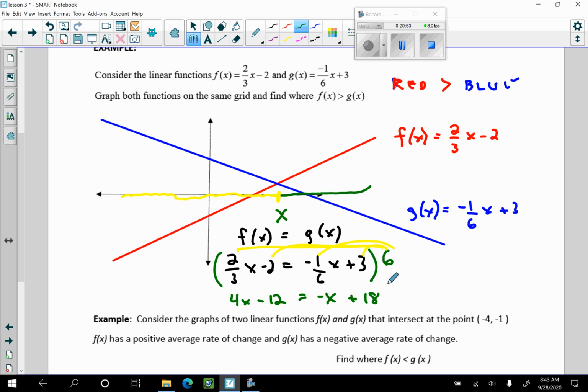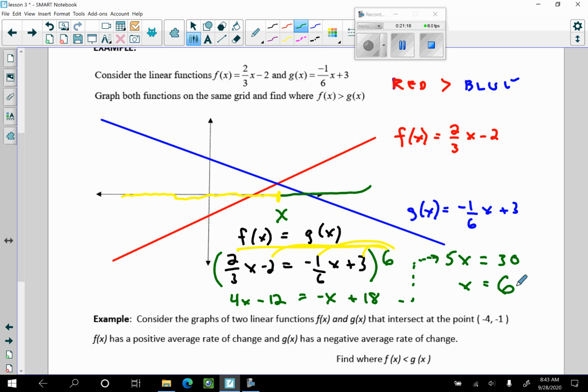If I add the x over there, I'm going to have 5x. I'm going to add the 12, is equal to 30, and that says x is equal to 6. So now I have that x value.